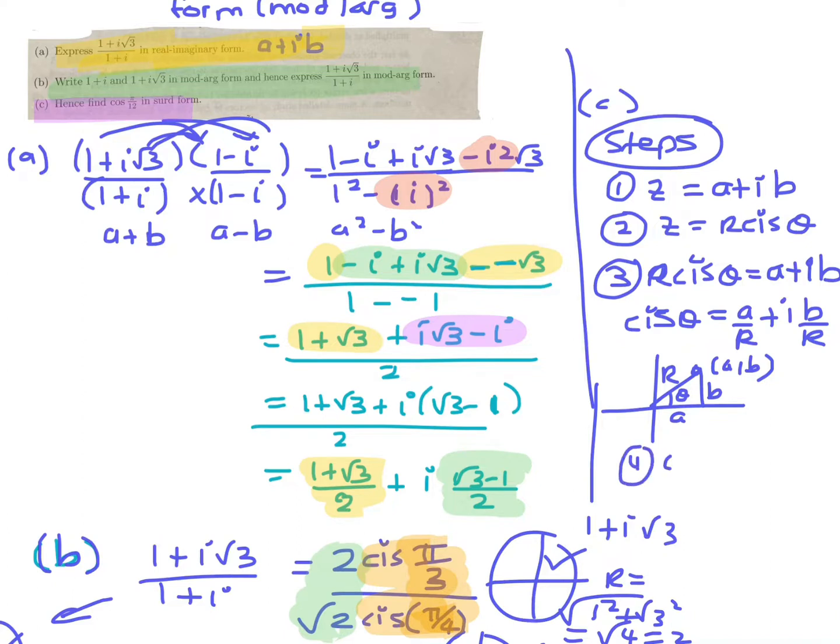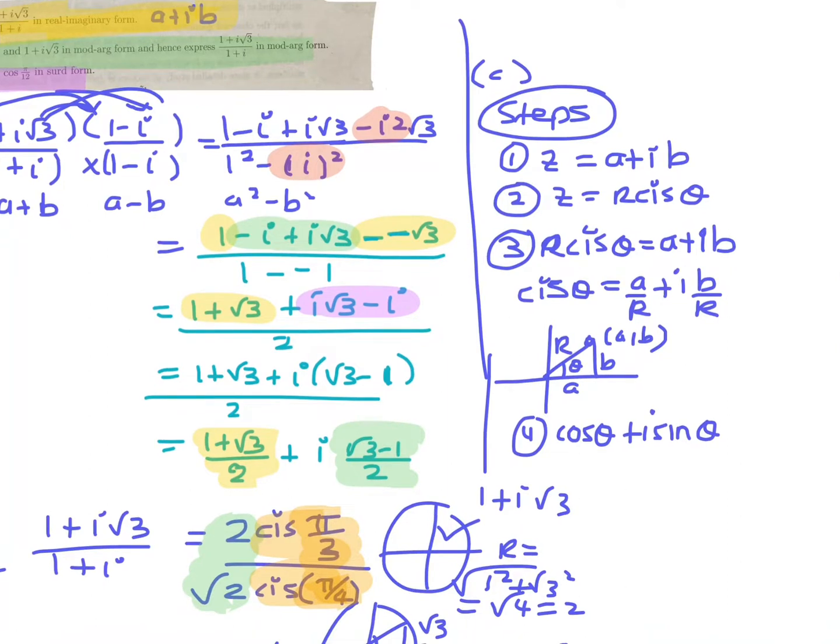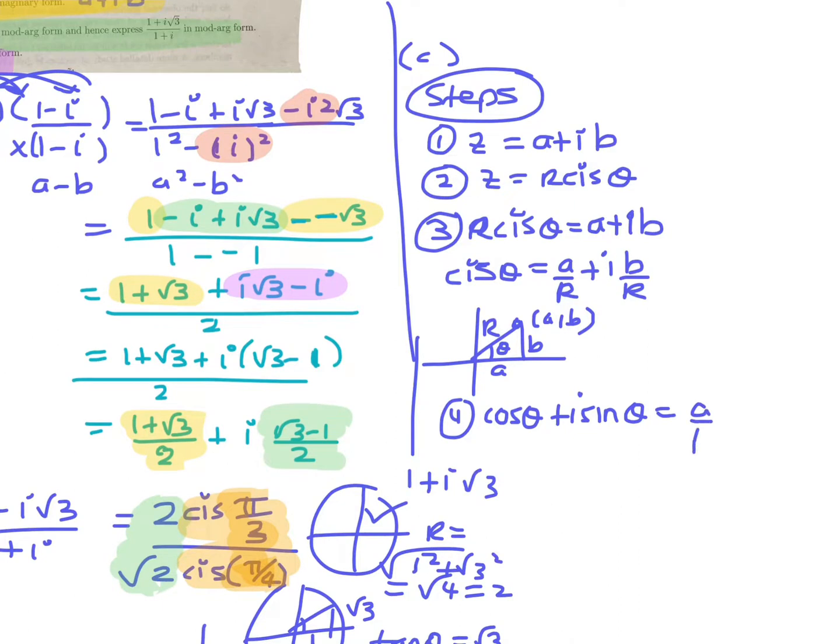So the next step is you take the cis theta and write it as cos theta plus i sine theta, and you make that equal the other side, which is a on r plus i b on r. Then you can conclude that the real part, which is cos theta, will be equal to the real part on the other side, a on r.